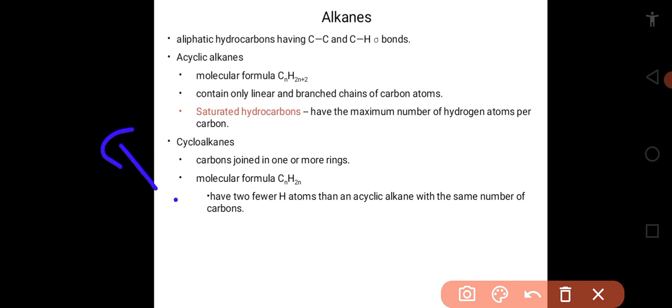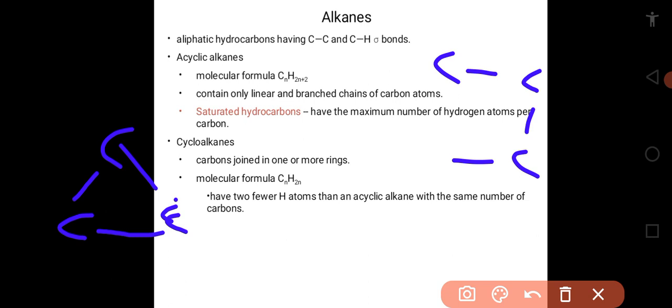This is a ring, or closed. So cyclo means that they are in a cycle. This is a cycloalkane, and their general molecular formula is CnH2n.